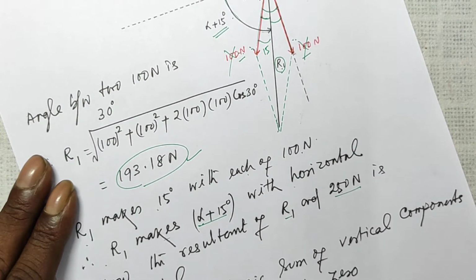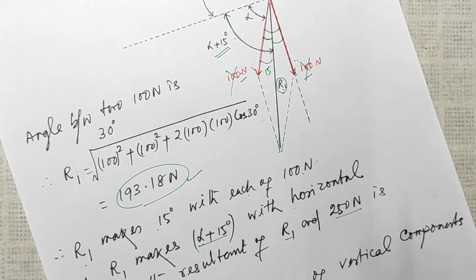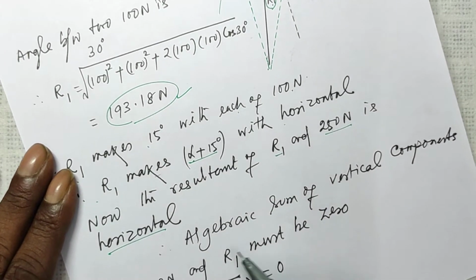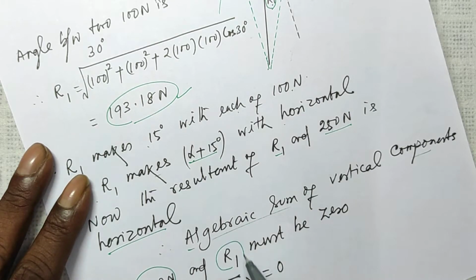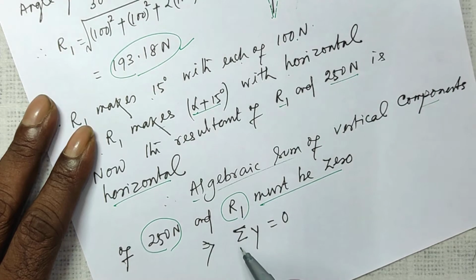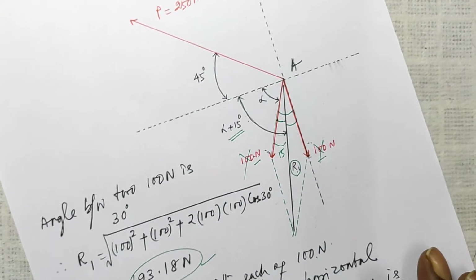So all the vertical components, when added algebraically, should give you a zero resultant. So the algebraic sum of the vertical components of 250 Newton and R1 must be zero. That is, sigma Fy, the sum of the forces along the y-axis, is 0.